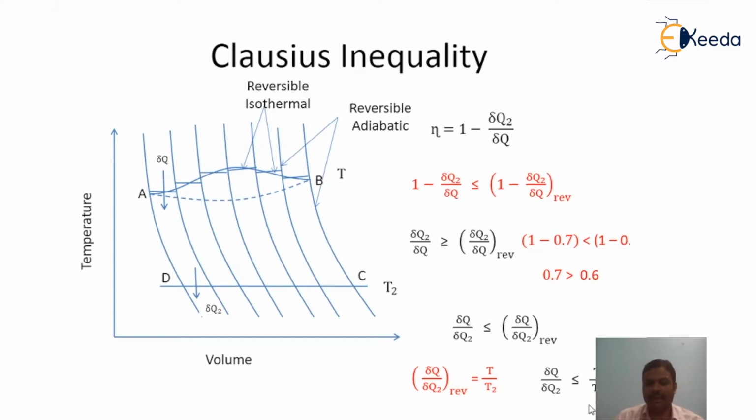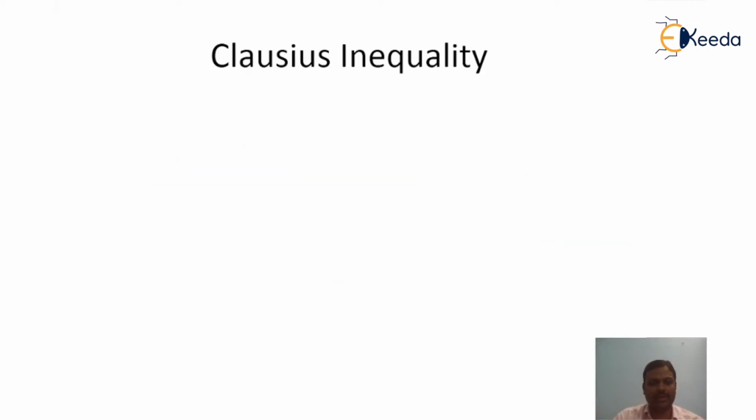Now by rearranging delta Q2 and T on left hand side and right hand side, we will get the expression delta Q divided by T is less than or equal to delta Q2 divided by T2 for any process AB, whether it is reversible or irreversible.